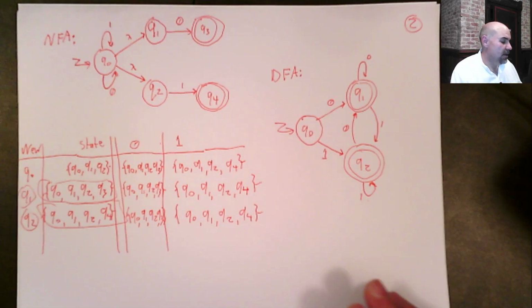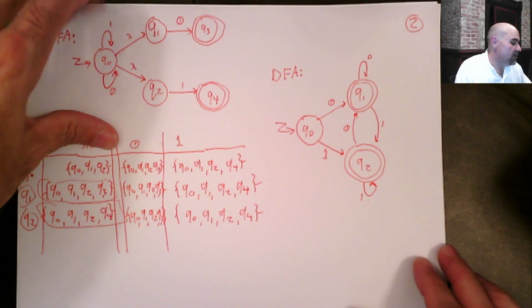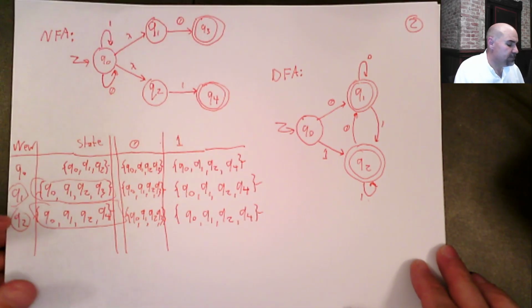Okay, so I'm going to draw one of these for you to think about and ponder. And I'm not going to solve it right now. Let's see if this is easy to read.